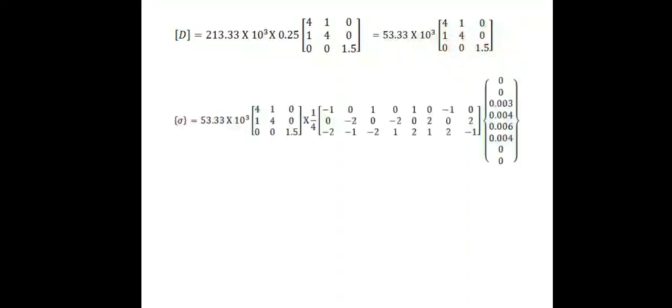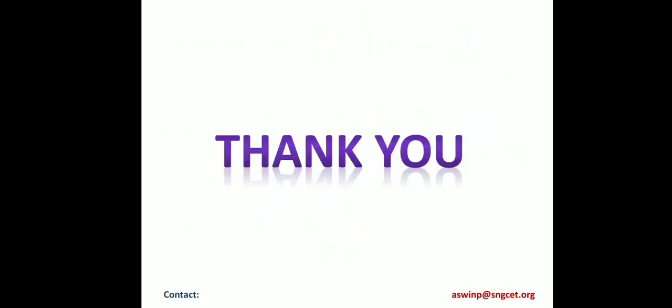The final equation will be 53.33 into 10 raised to 3 into the matrix 4, 1, 0; 1, 4, 0; 0, 0, 1.5. Substituting the D matrix and B matrix with the U matrix given in the question, we can directly find sigma. The element stresses are 480, 120 and 280, that is 480 Newton per mm square, 120 Newton per mm square and 280 Newton per mm square. Thank you.